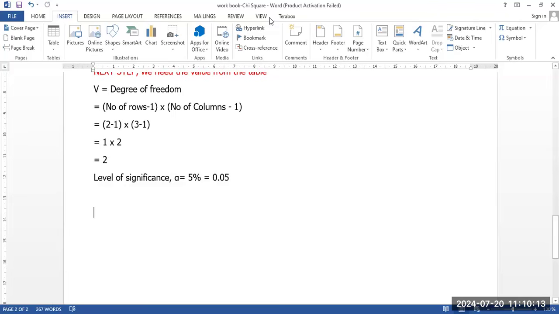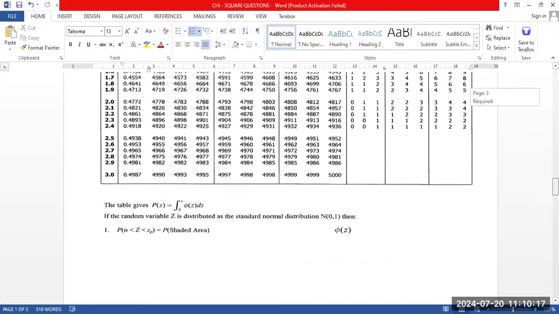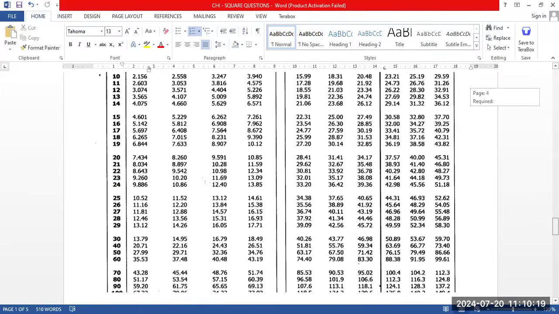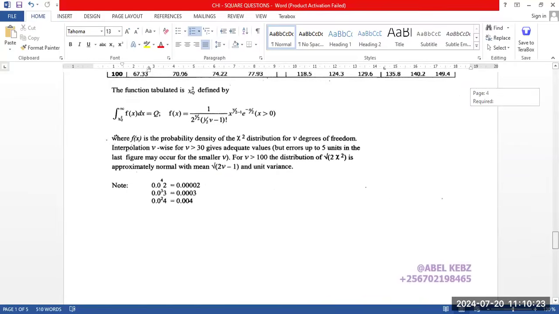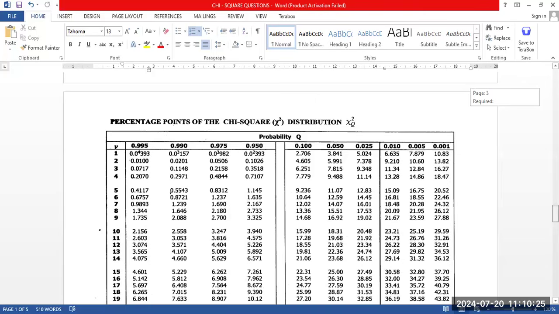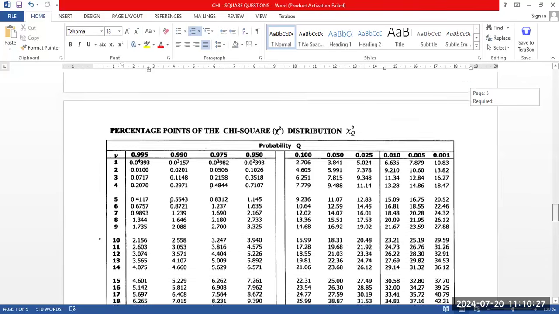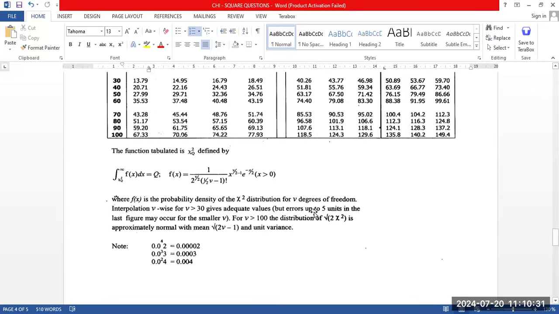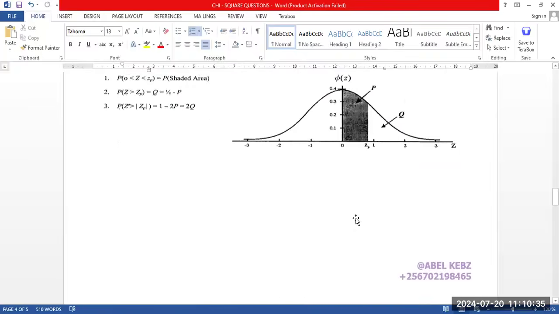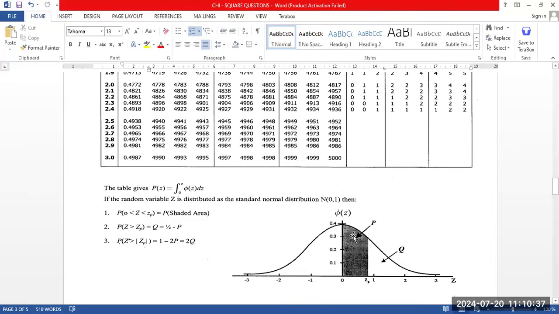So we go back to our table. I want you to observe why with chi-square we don't actually need to divide this. Our chi-square table has this diagram.